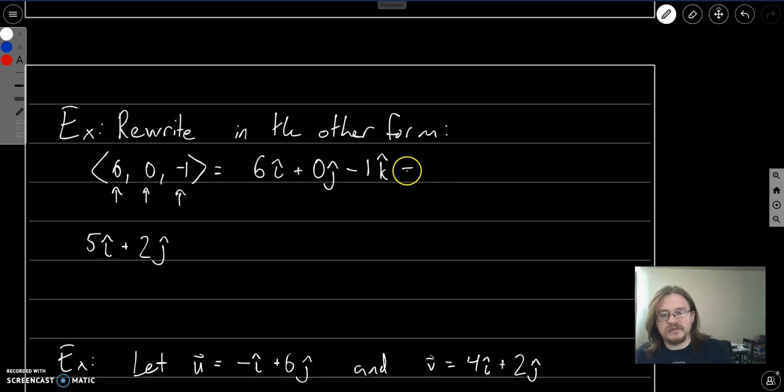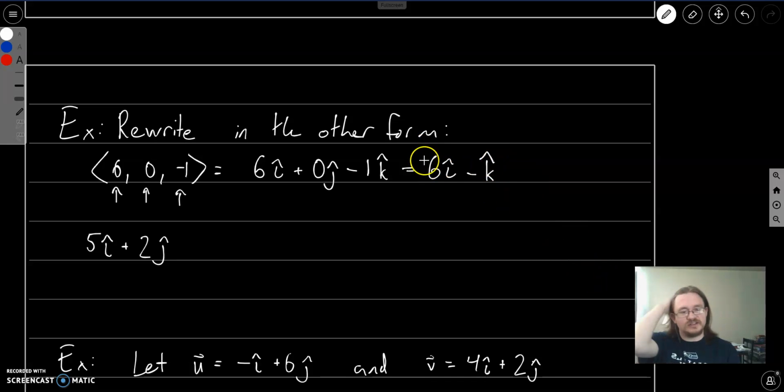And again, I can simplify this. 6 times i, we can just leave that. 0 times j, 0 times anything is just going to be 0, so I might as well not even consider that. And 1 times k is just k, so this is going to be 6i minus k.